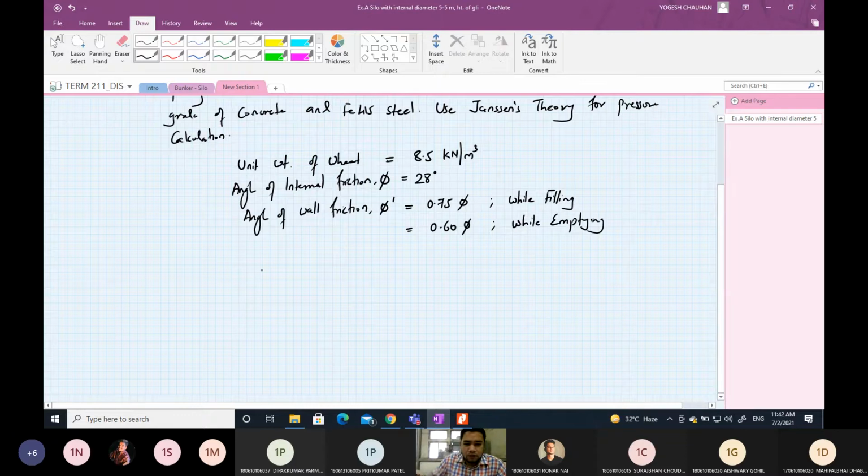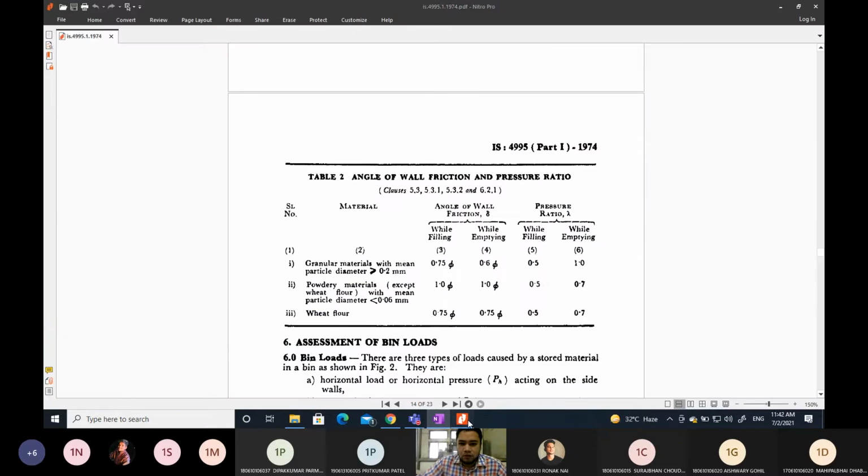Then the pressure ratio. Pressure ratio while filling is 0.5 and while emptying it is 1.